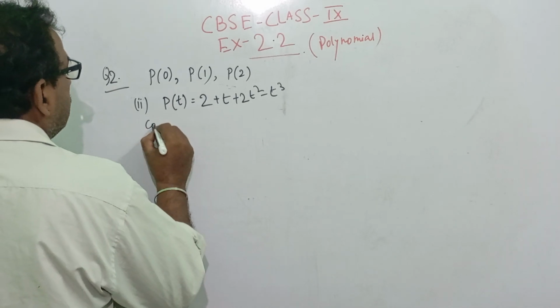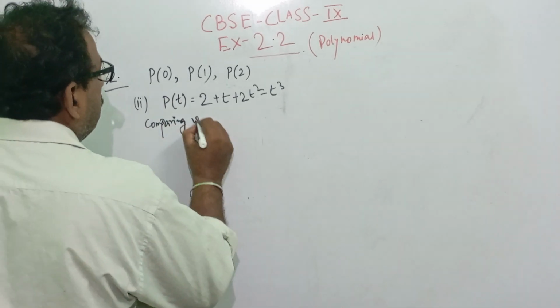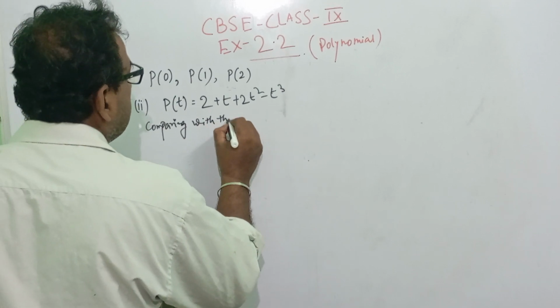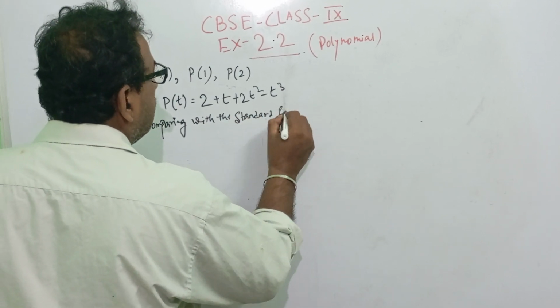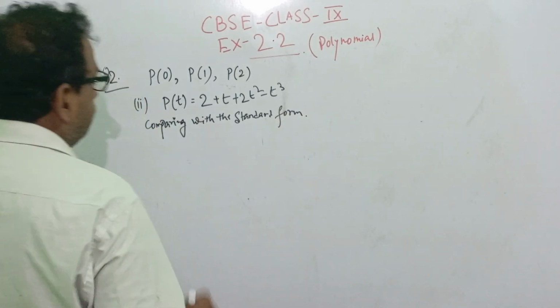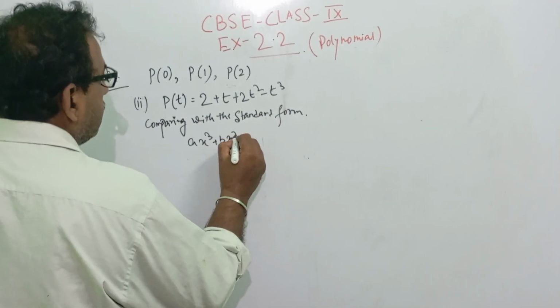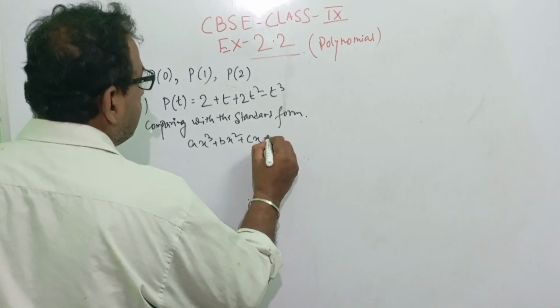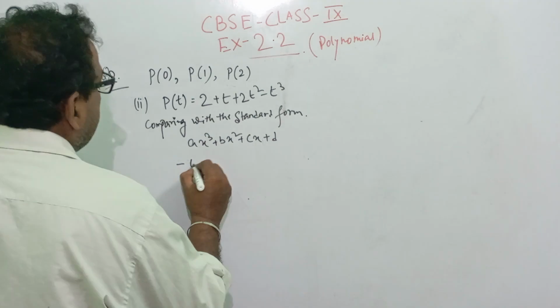Now comparing with the standard form, that is ax cube plus bx square plus cx plus d. Now what we write that?